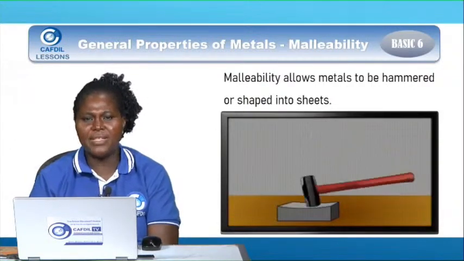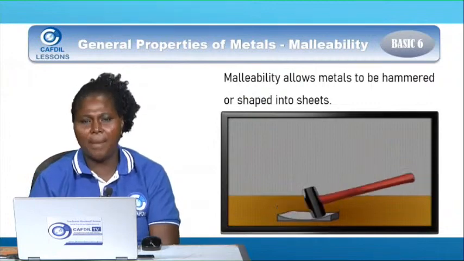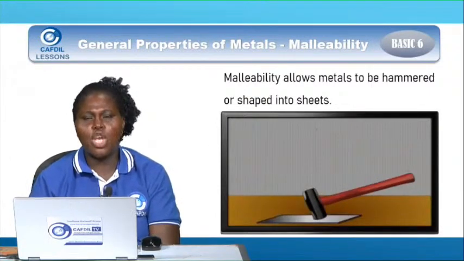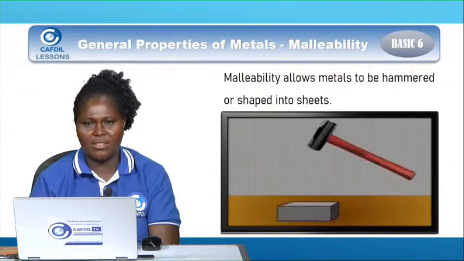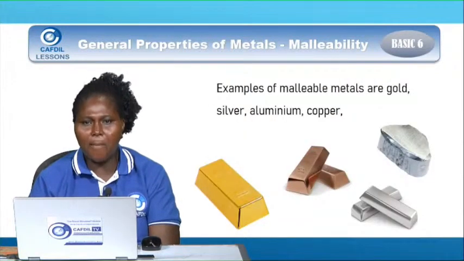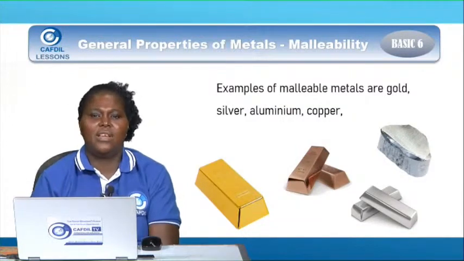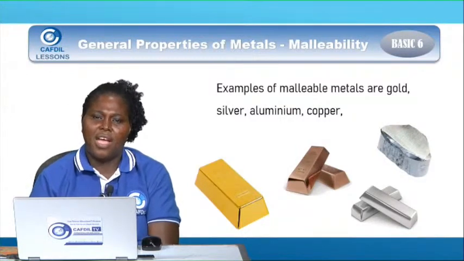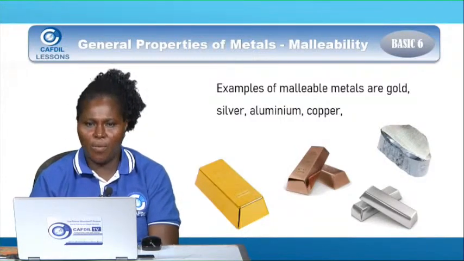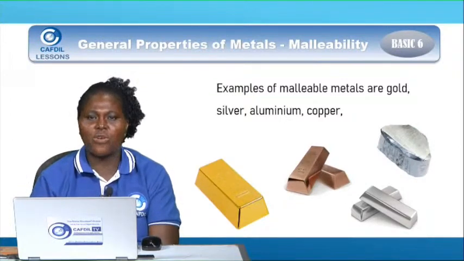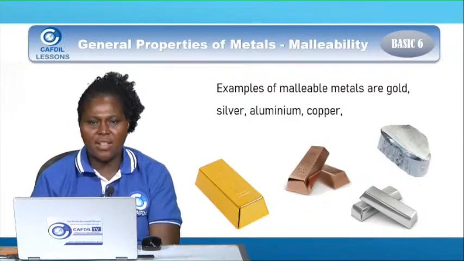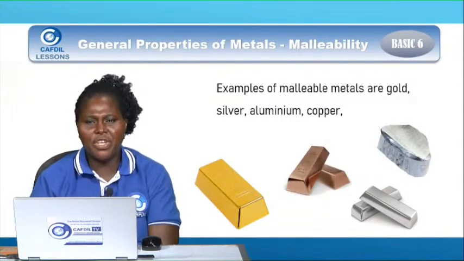Examples of malleable metals are gold, silver, aluminium, and copper.